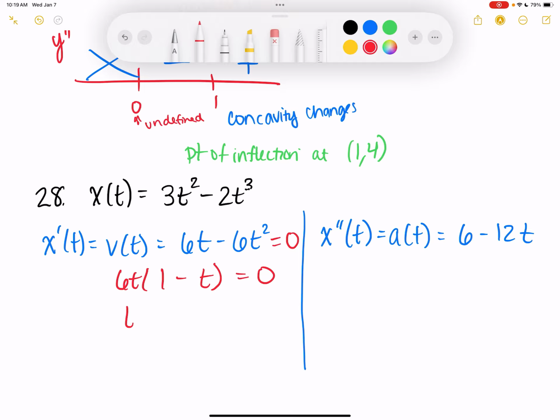So I end up with t is equal to 0, or t is equal to 1. And then I'm going to go ahead and find the zeros of the second derivative as well. So if we set that equal to 0, I get negative 12t equals negative 6. So t equals 1/2.